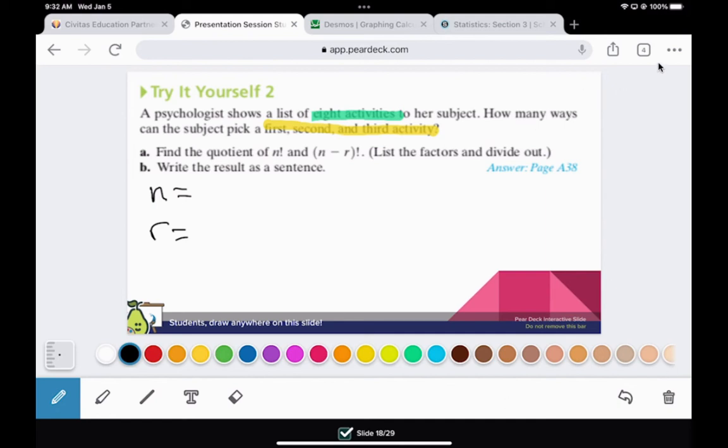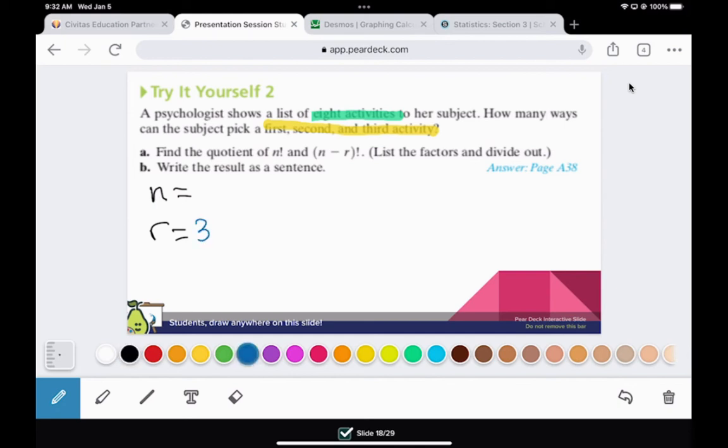But look at this one. It says psychologists show 8 activities to her subject, and we're going to pick first, second, and third. R is 3. Yes, Miguel, r is 3 because you're going to choose 3: the first, the second, and third. So we're going to choose 3 at a time. So yes, r is 3.